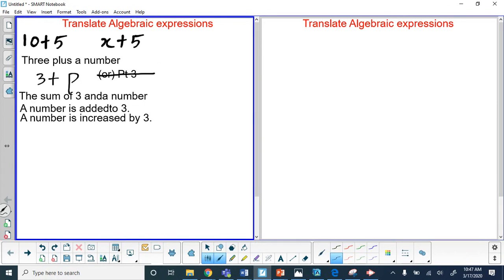You can write it as 3 plus p or p plus 3. Both are correct. Now let's take a look at some examples for subtraction.